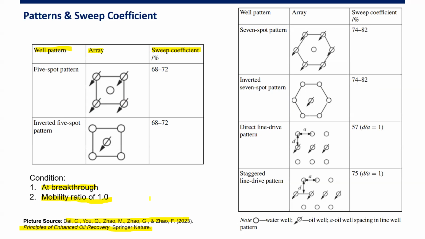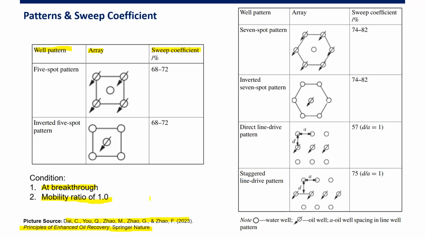Meaning if you have a mobility ratio greater than 1, which is unfavorable sweep, of course you need to reduce this sweep coefficient or sweep efficiency, or multiply it with another efficiency factor to reduce this number, because a mobility ratio greater than 1 is not very good for the sweeping. The optimum mobility ratio that we expect is 1. It will be better if it is even below 1, meaning the oil will be more mobile than the water. But the optimum one is, of course, unity.